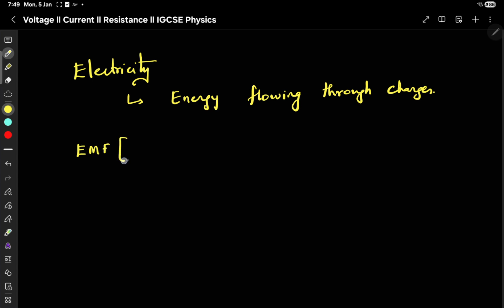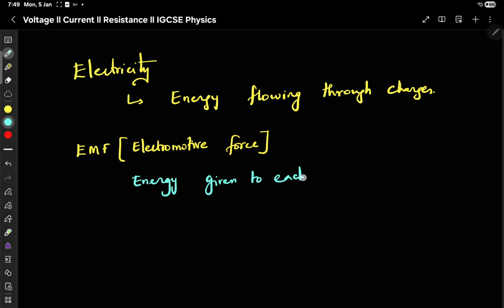EMF, we say electromotive force, which is energy given to each coulomb of charge by the battery. If the battery is supplying the energy, we call that voltage as EMF.